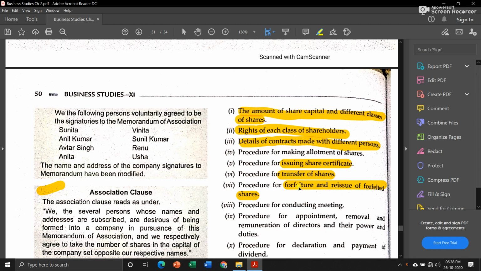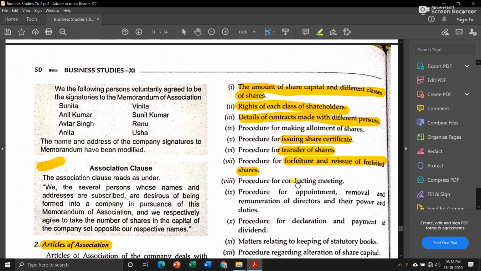That process is known as forfeiture. After cancelling, the company has the right to reissue those cancelled shares, and that is known as reissue of forfeited shares. If a company has to forfeit shares and wants to reissue them, what procedure it needs to follow is mentioned.